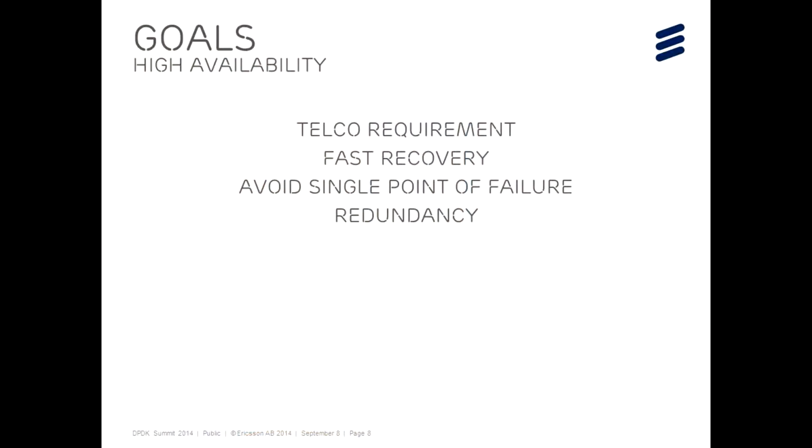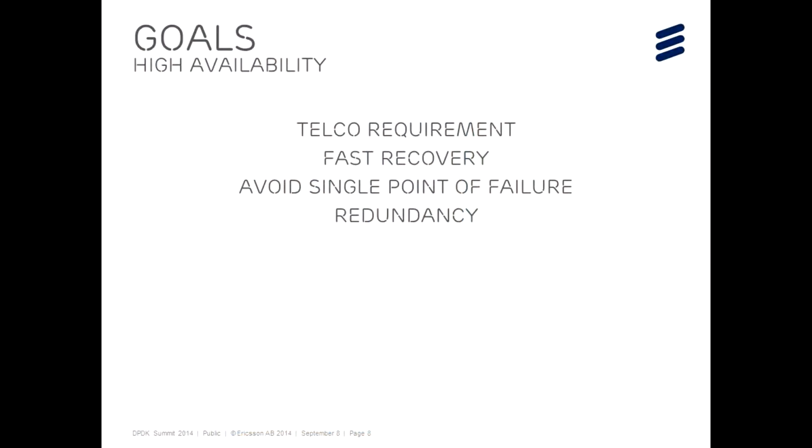High availability, it's again from us, from the telco. Fast recovery means that we don't have the luxury of killing a whole VM. We can just let one process die and immediately bring it back, probably passing the core generation and every other task to another process. We try to avoid the single point of failure. It's like using the primary process.